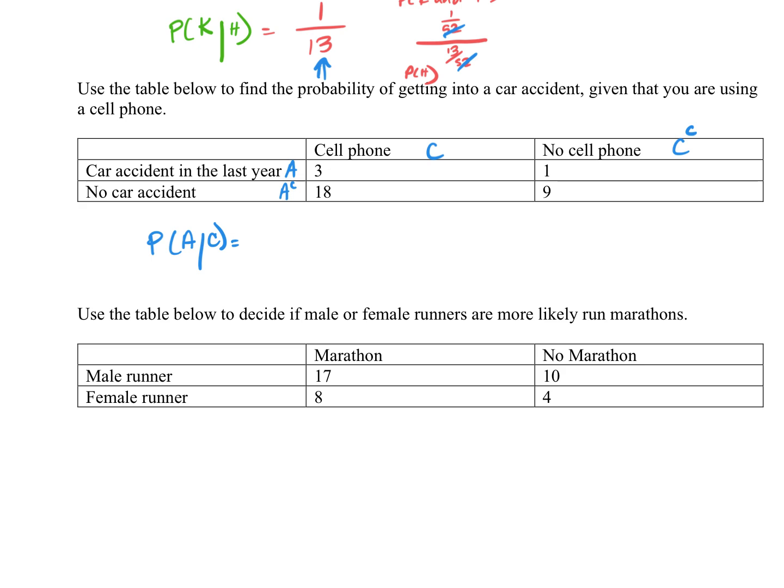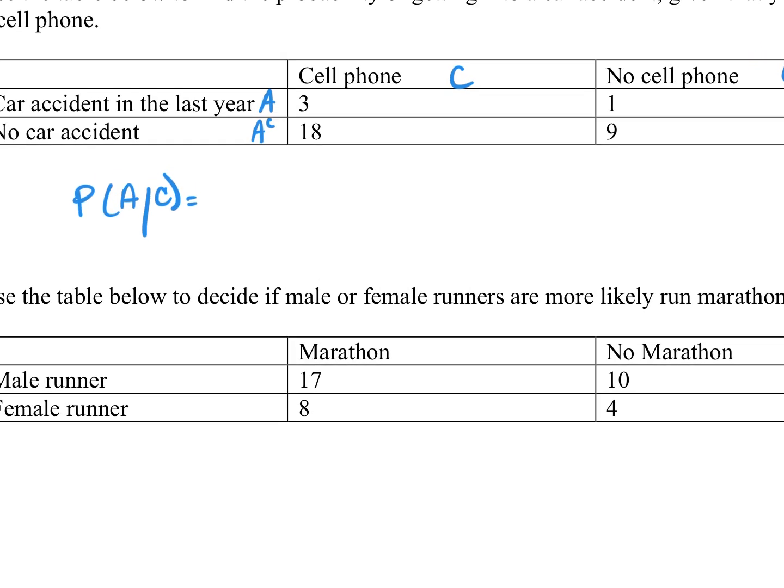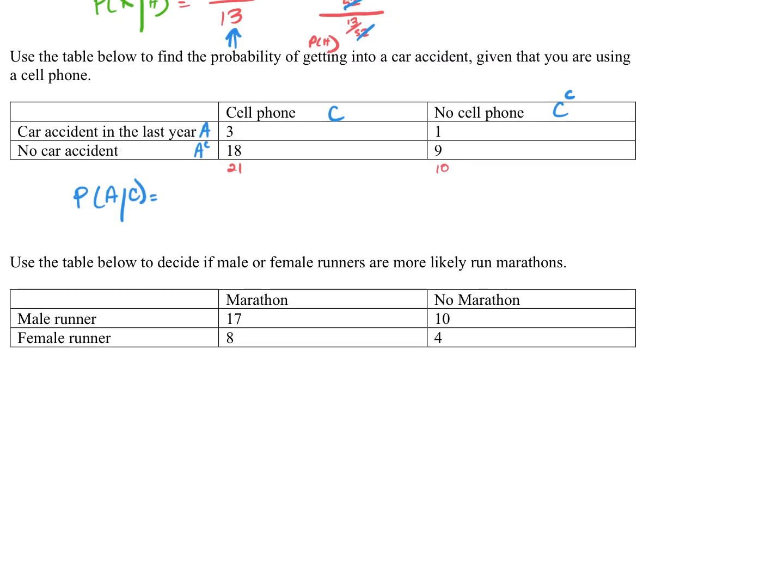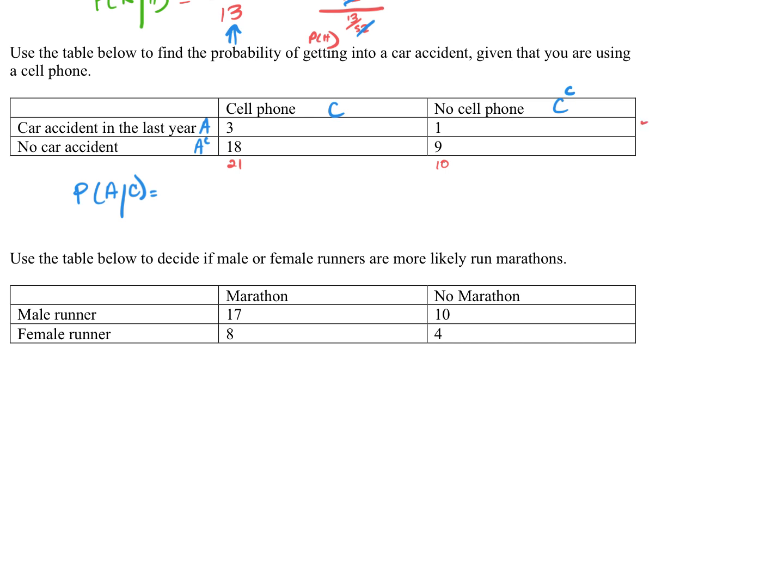The totals. Can we add the totals pretty quickly? Yeah, you guys, 3 plus 18 is 21, 10, we got 4, and 27, and those all add to 31. And that's working out quite nicely.